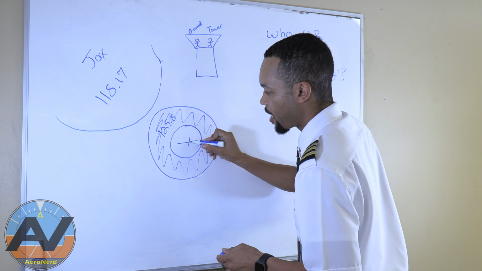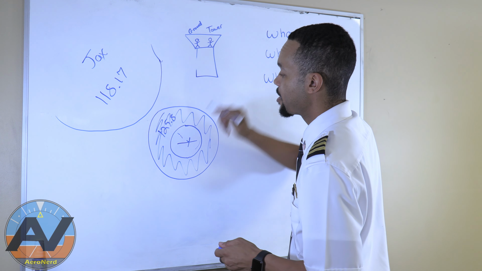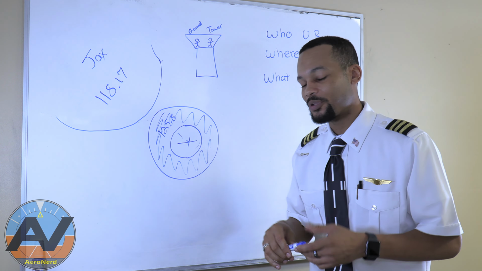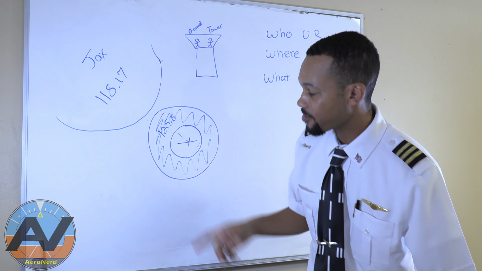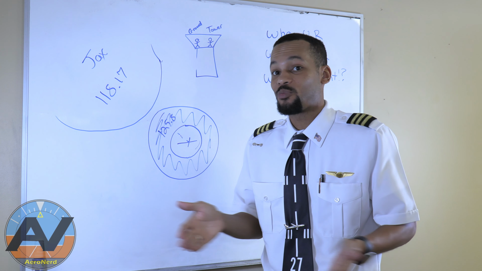However, let's say once we're outside of the tower's frequency, now we're in the approach controller's. And this is completely optional too, once you're outside of their airspace, there's no requirement that you have to contact an approach controller.